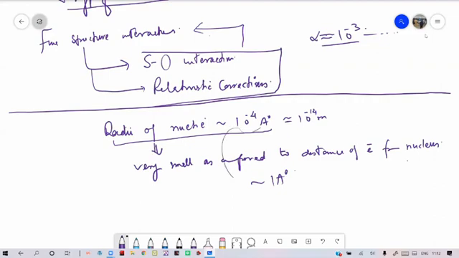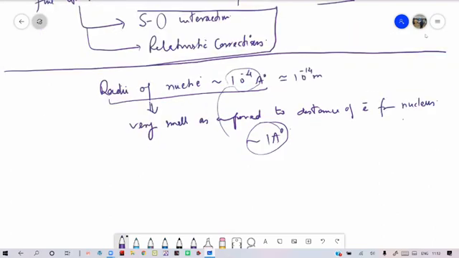This is 10 raised to the power minus 4 angstrom, and this is 1 angstrom. So obviously 1 angstrom is much larger than 10 raised to the power minus 4 angstrom. Why I am telling you this, you will know very soon.